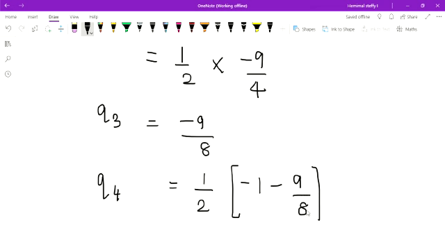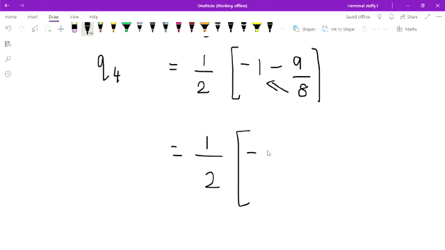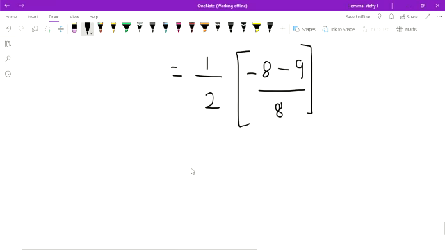Taking the cross multiplication here, 1 by 2 into (-8 and then -9) by 8. 8 plus 9 is 17, so -17 by 16.